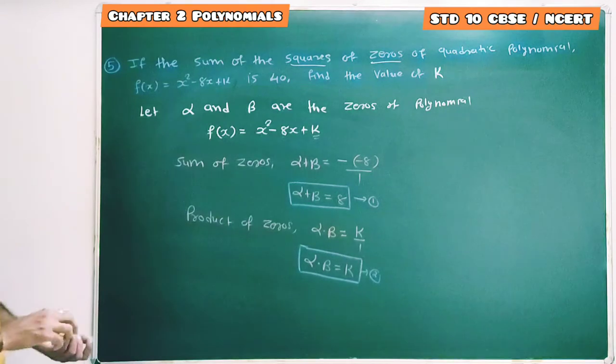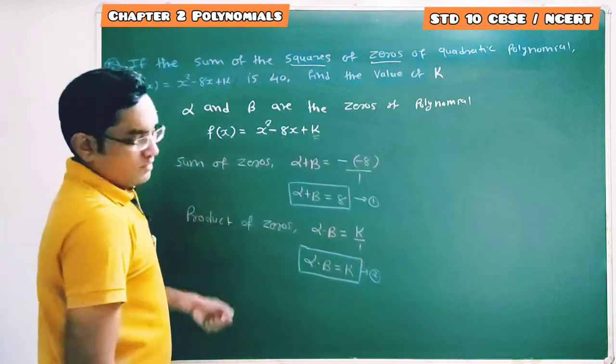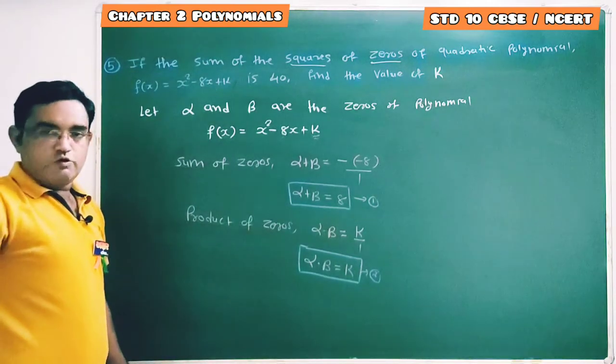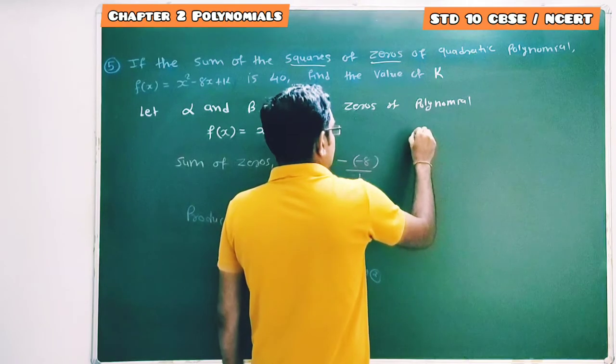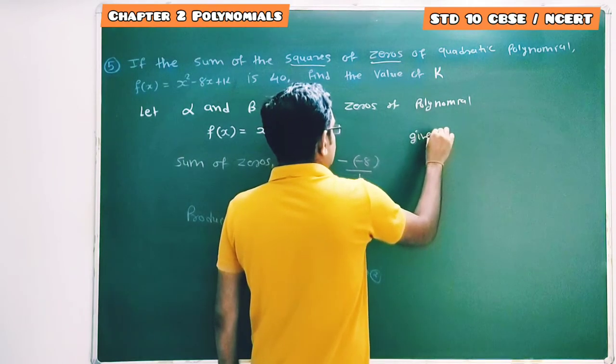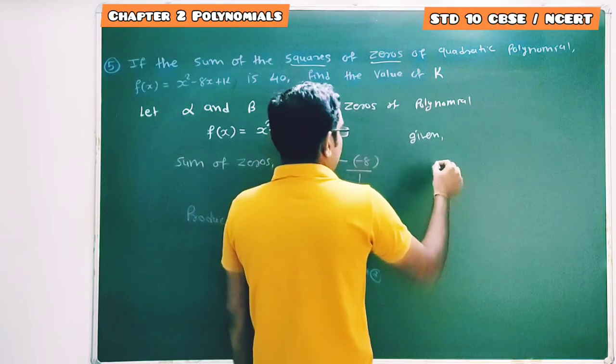So now we'll start with the given. What are we given? Given sum of square of zeros is equal to 40. So we are given that sum of square of zeros of the quadratic polynomial is 40.